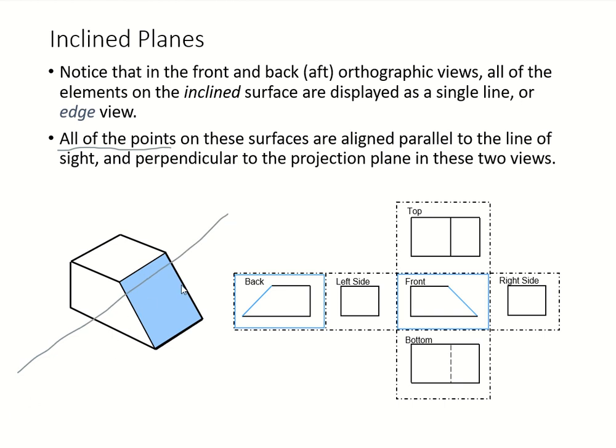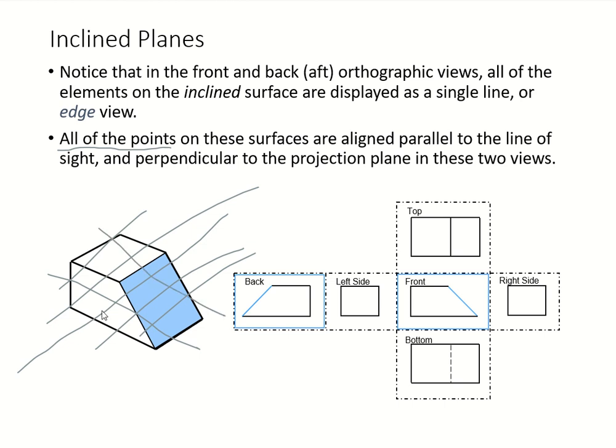So all the points on these surfaces are completely parallel. Again, all the points. So it's just a line parallel to the line of sight, going that way. Of course, it's perpendicular to this plane and that plane.